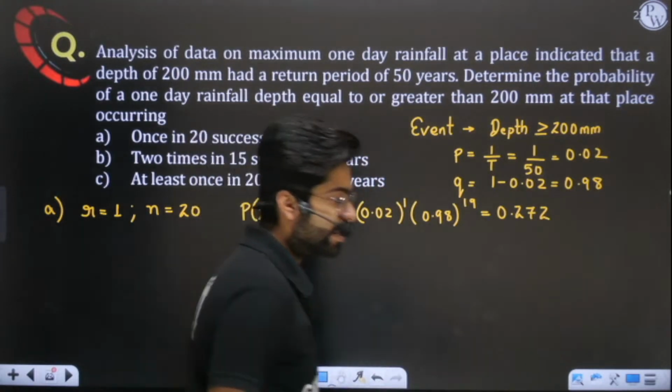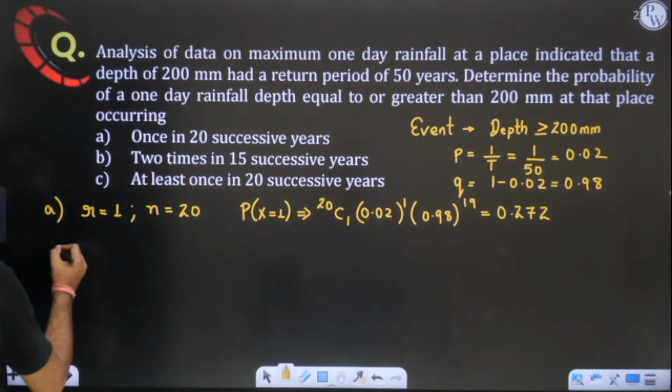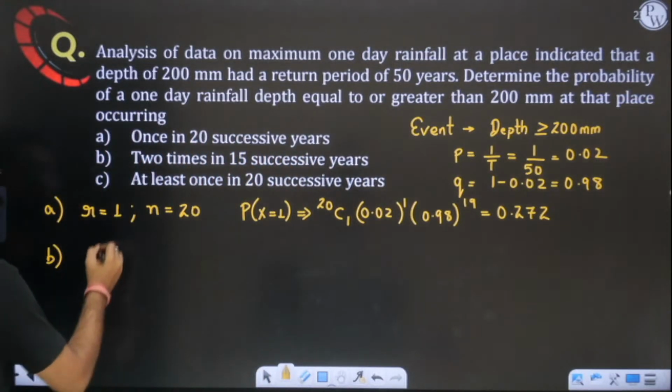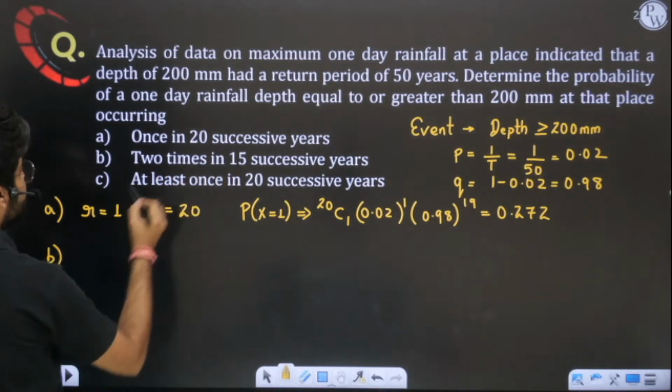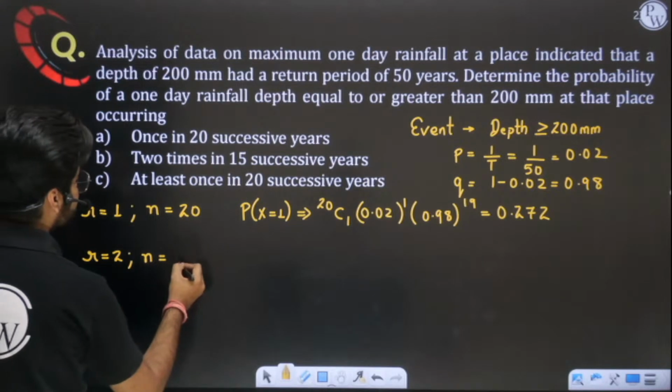Absolutely correct, Sushil. Second case: r is 2, that is, 2 times in 15 years. So r is 2 and n is 15.